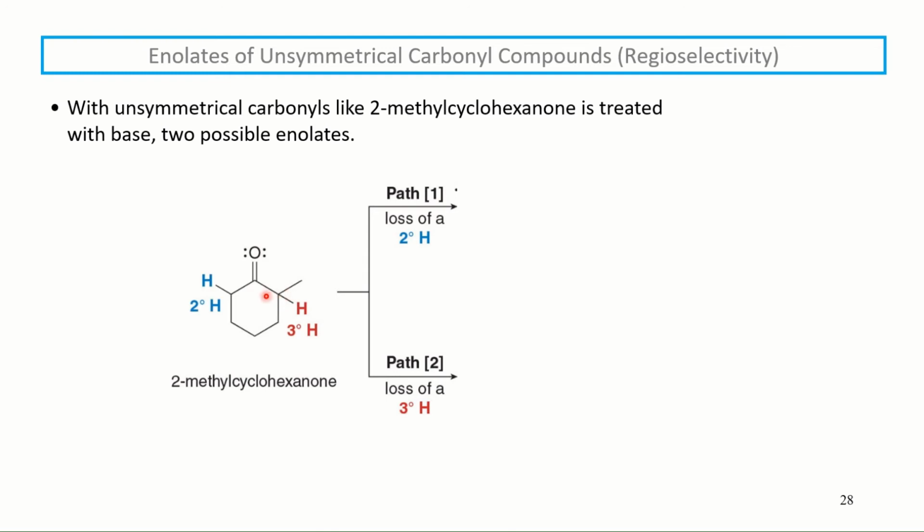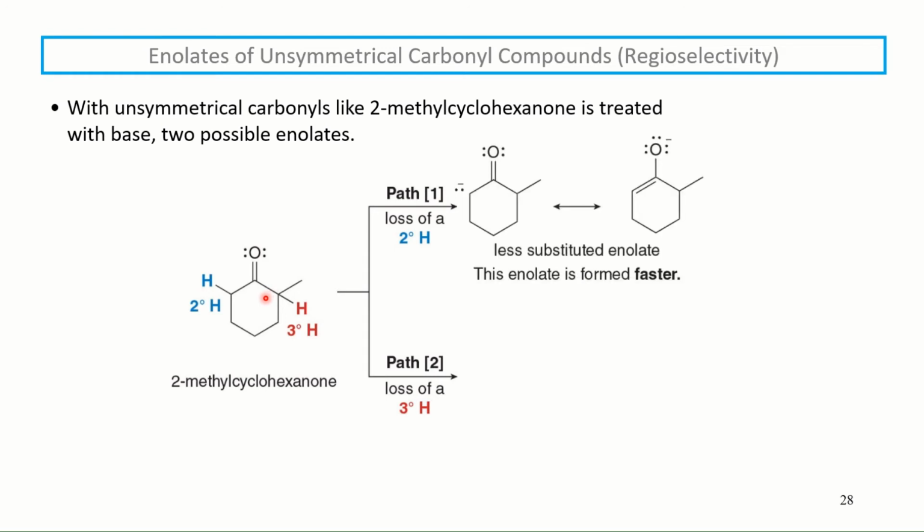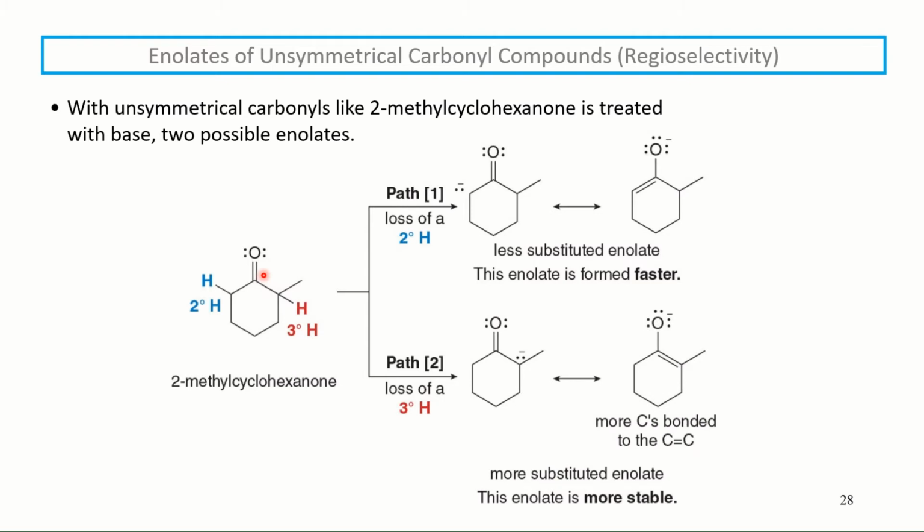The first pathway, of course, is the most easily accessible pathway, so this is the enolate that would be formed faster. The second pathway is, of course, the more substituted enolate, so this is the enolate that is more stable.